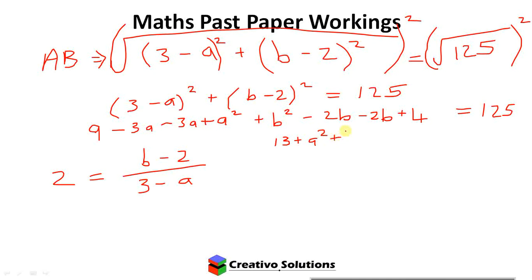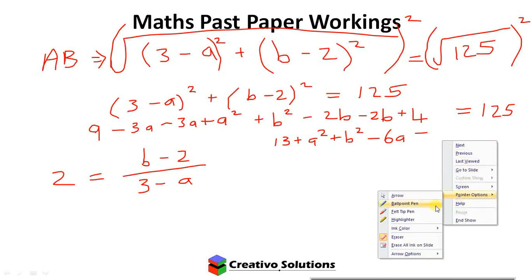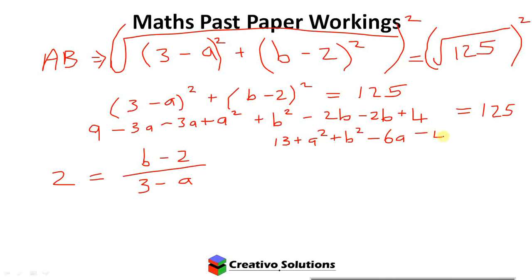B squared is b squared. Minus 3a minus 3a is minus 6a. Minus 2b minus 2b is minus 4b. Equal 125.